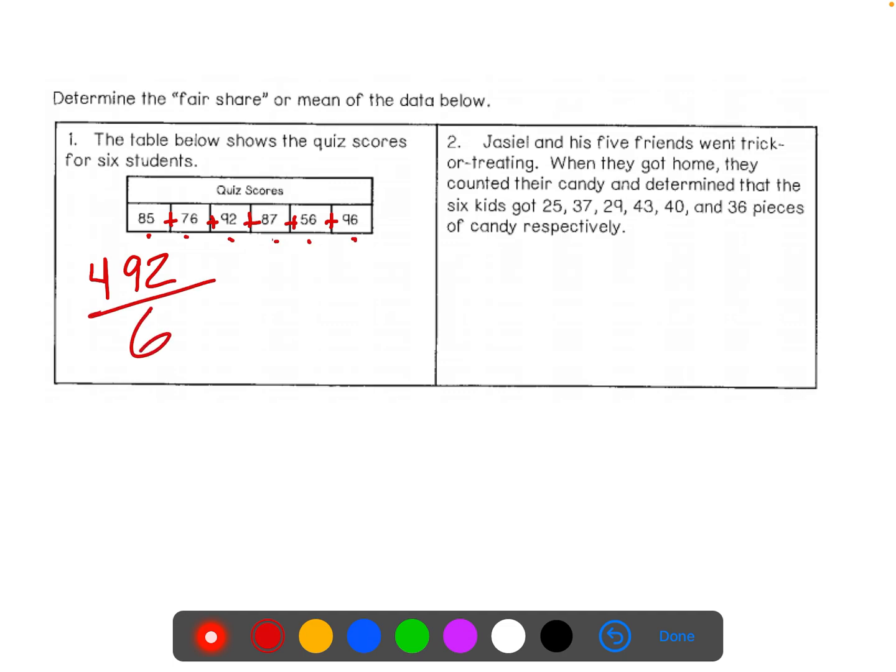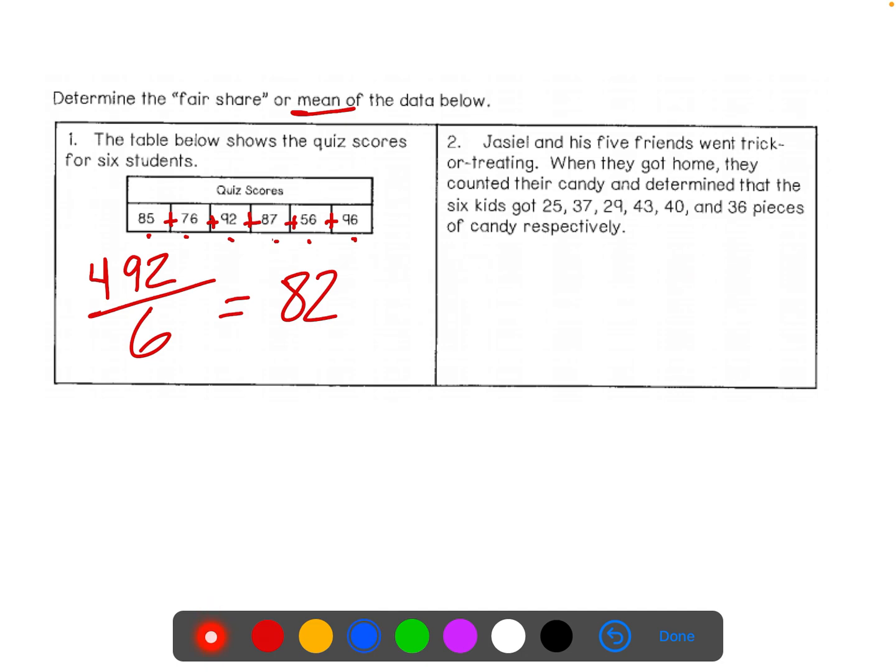So we divide it by 6 and get our class average or our group average here of 82. That would be the mean. All right, I want you to try it with the next example here, please. Go ahead and calculate the mean for this situation.